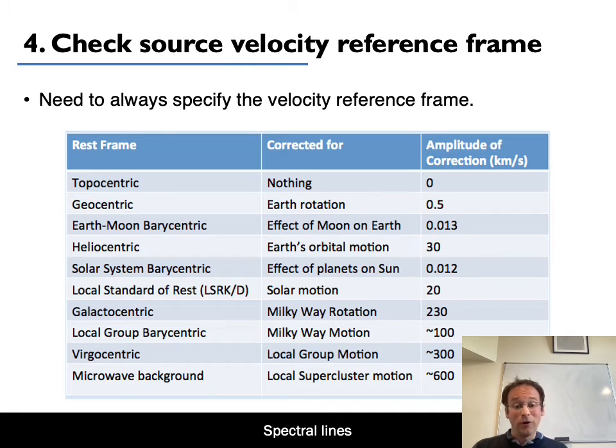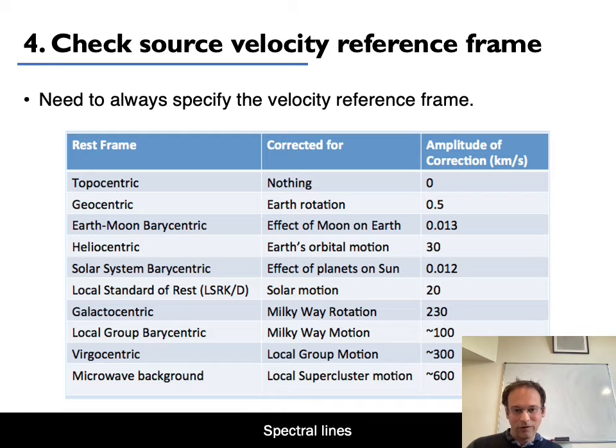And so we need to adopt a reference frame with which we then define velocities of spectral lines, or redshifts indeed. Which standard of rest you choose depends on the field of research that you're working in. For people who are interested in the Milky Way, they will often use the local standard of rest.